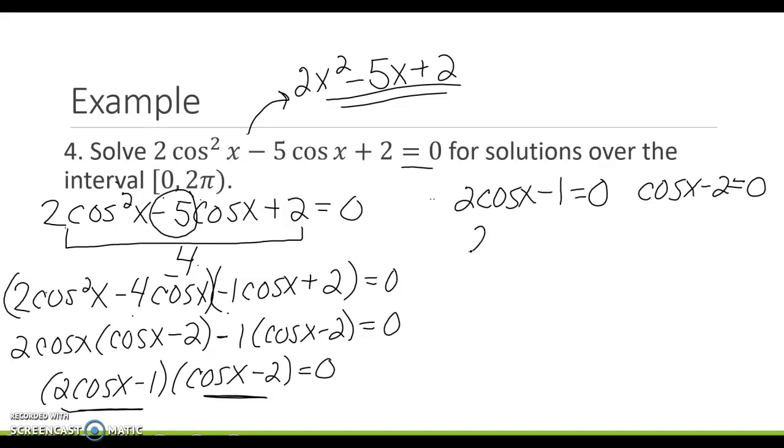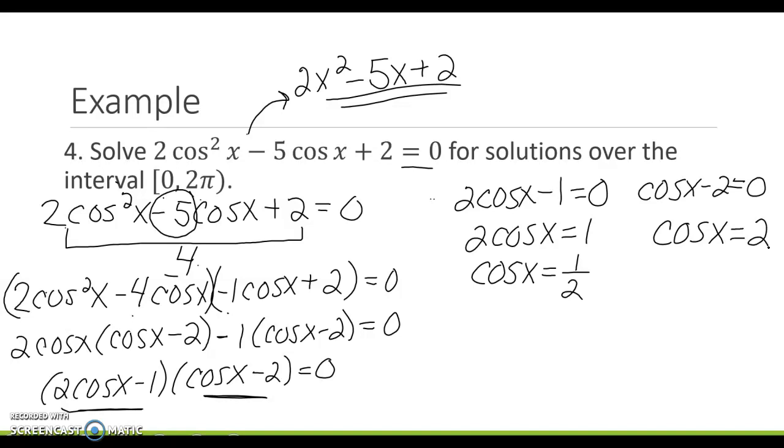I'm going to start by adding 1, and I'm not showing all the steps this time. So I added 1, then I'm going to divide by 2, and I get cosine of x equals 1/2. Let's solve the other equation over here. Cosine of x, add 2 to the other side, cosine of x equals 2. So now I'm looking for what x is for both of these equations.